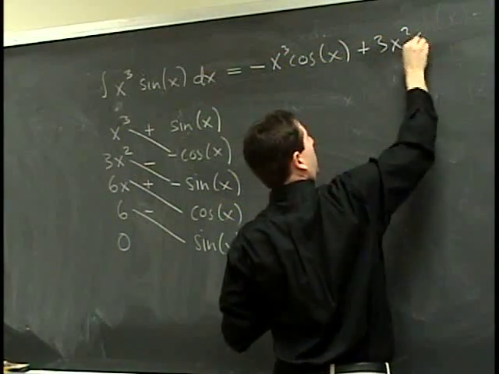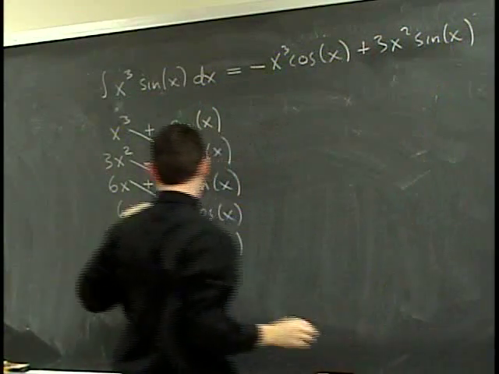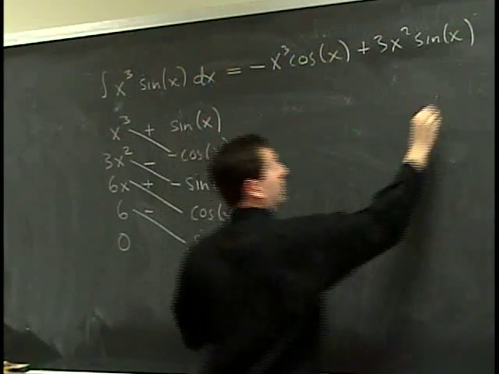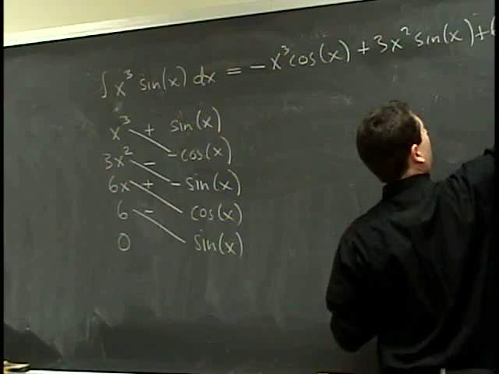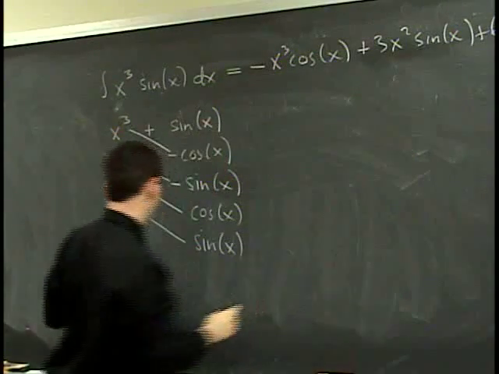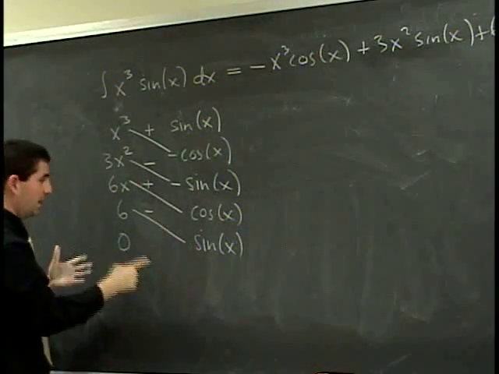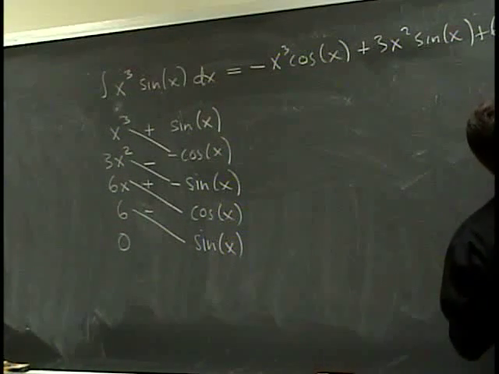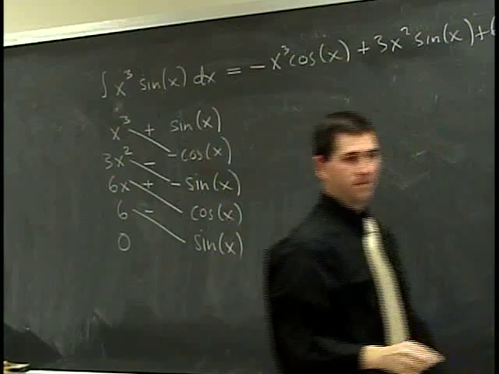The next one is a positive and a positive, so it's still positive: 6x cosine of x. And then the last one, you have a negative and a positive, which is a negative, so minus 6 sine of x. And then, of course, plus.